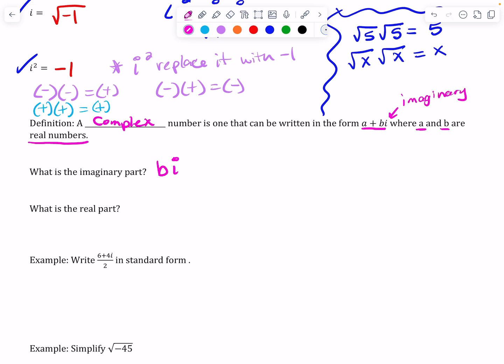The real part is going to be the a, because it doesn't have the I. And we always want to write these together with the real part first and the imaginary part second. A plus bi. That just tells us what order we want to write the numbers in.